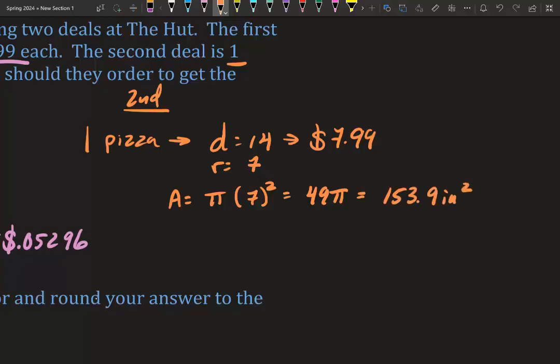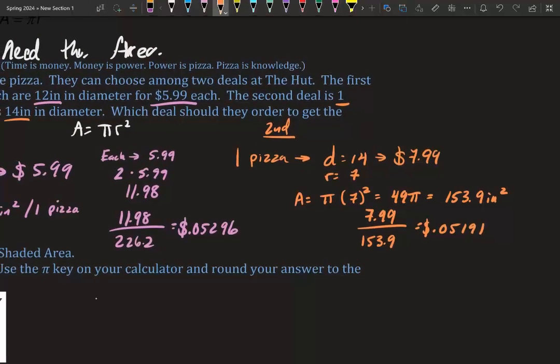We only need to buy one pizza with this deal, so I don't need to do anything more. That's the area of my pizza. So we take how much it cost, which is $7.99, and we divide it by our area. And we get 0.05191. So the least money is the second deal.